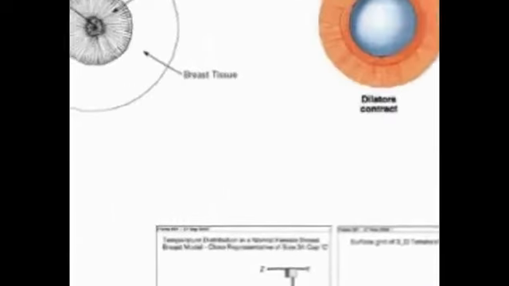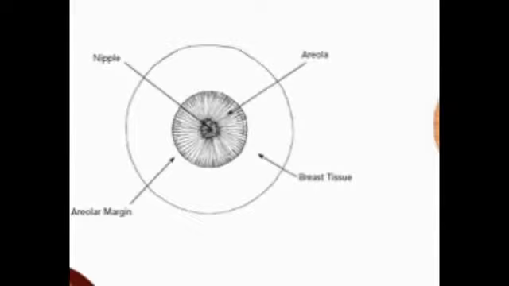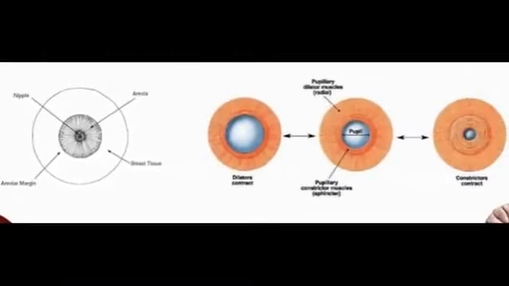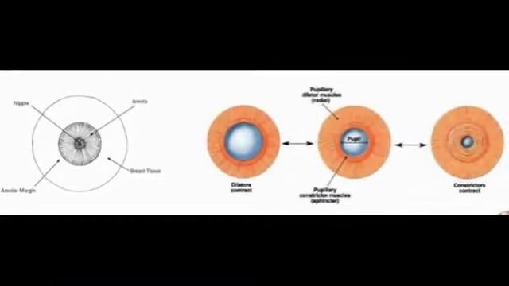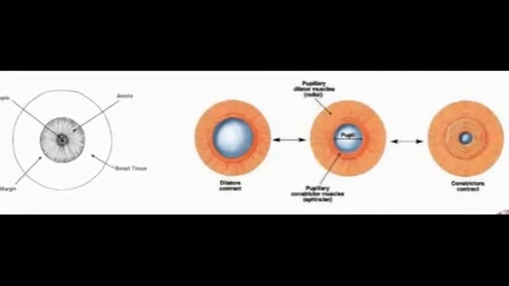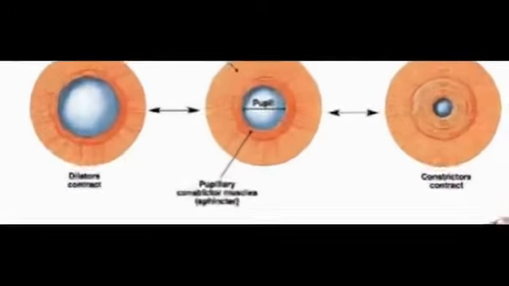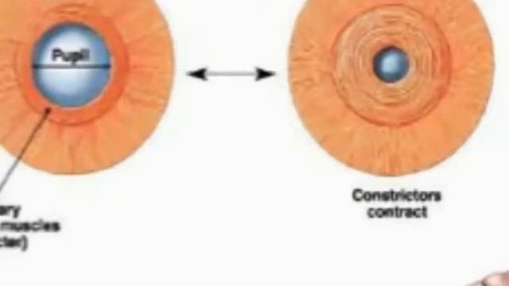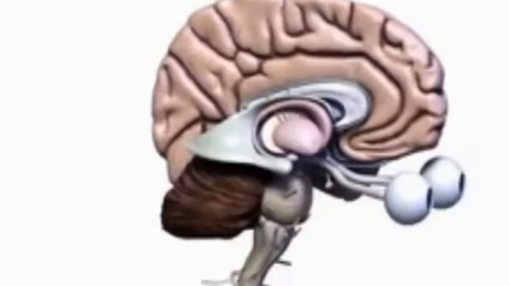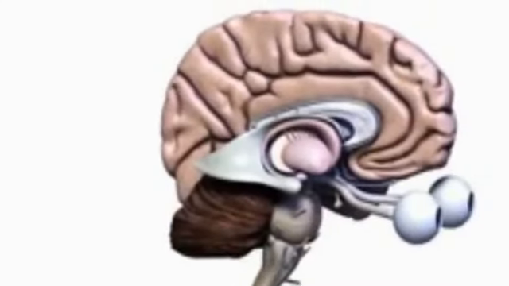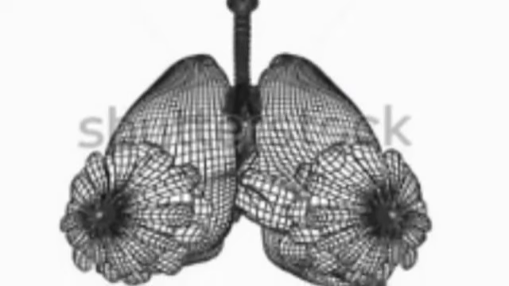Also, if you look at the thoracic area, you start with the glands: we have a nipple, areolae, and the areolar margin around, and the breast tissue. If you look at the eyes, we have the iris, the pupil, which is like the nipple, and around the iris we have the areola, the muscle tissue around it, and the conjunctiva.